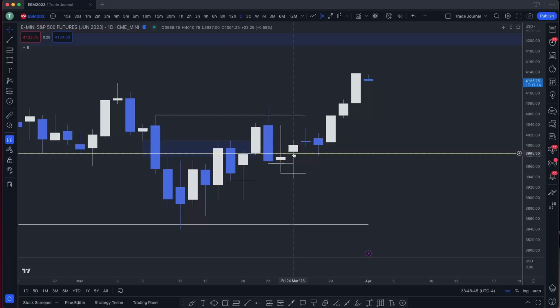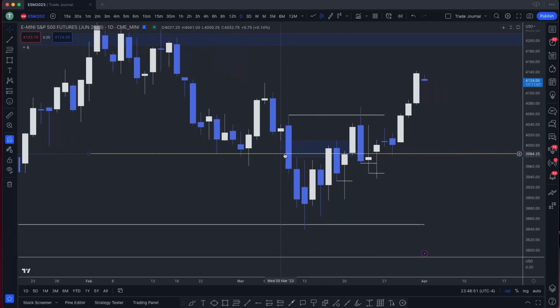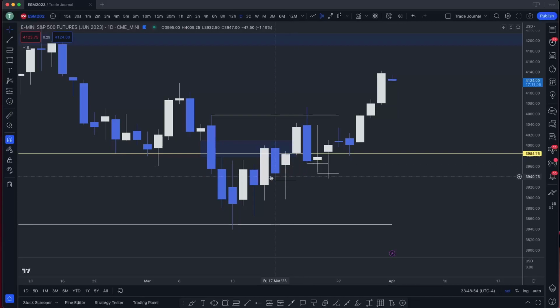Now we're closing above the monthly level, this February low. So you can see we get a close here, slightly above it, a rejection, fail to go lower, pushes up higher, much nicer close above February's low.